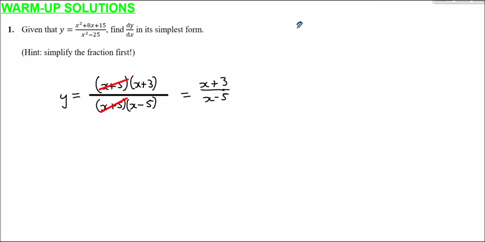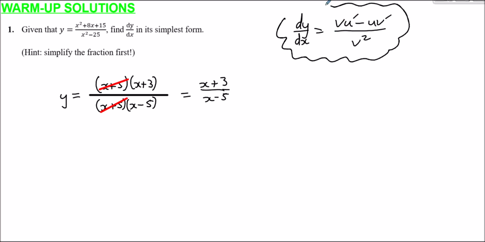So if we remember the quotient rule, dy by dx is vu' minus uv', with dashes at the end, over v squared. So what we need to do here is perform the quotient rule on this y of ours. So dy by dx is v, which is the denominator.